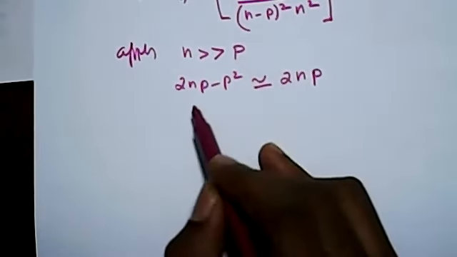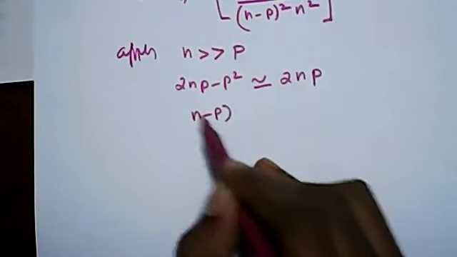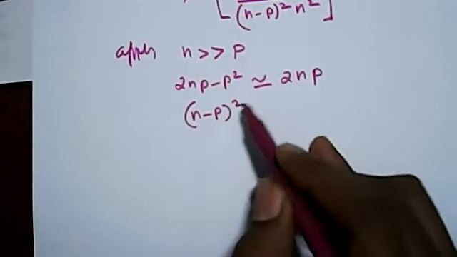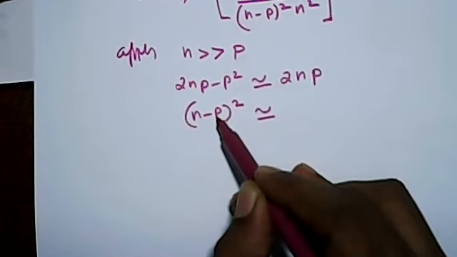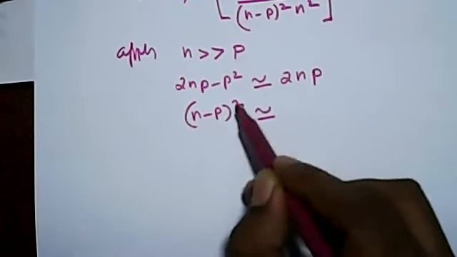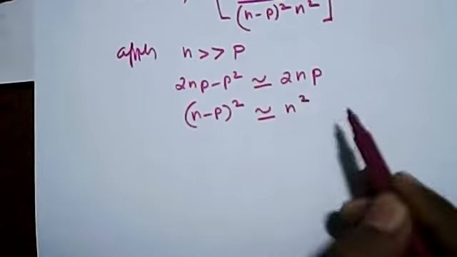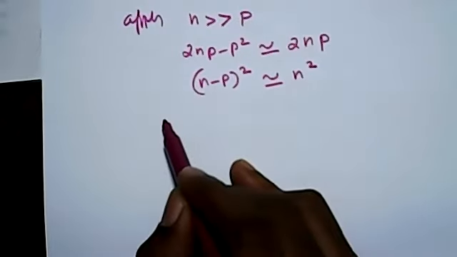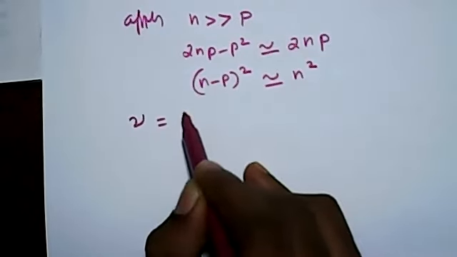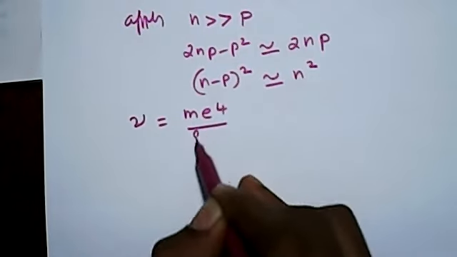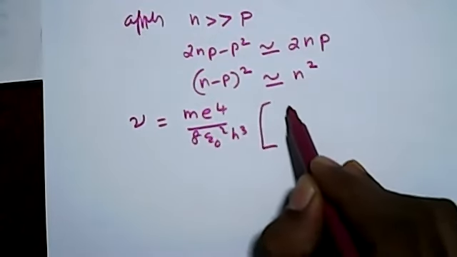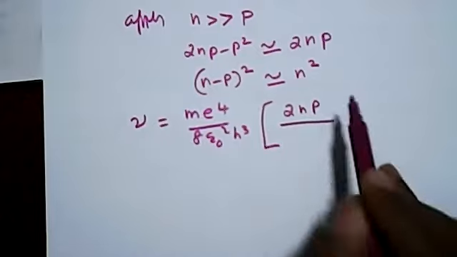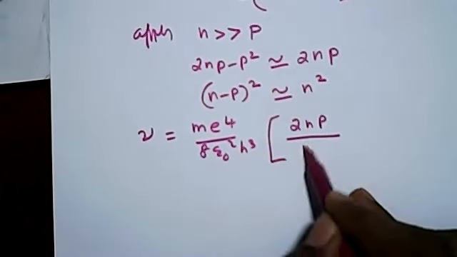Similarly, what happens to the denominator? N minus p whole square. This means n is 1000 and p is 1, so this 1 you can neglect. So this becomes n square. Substitute these conditions. So nu becomes m e to the power of 4 by 8 epsilon 0 square h cube into 2np divided by n square into n square, that is n to the power of 4.